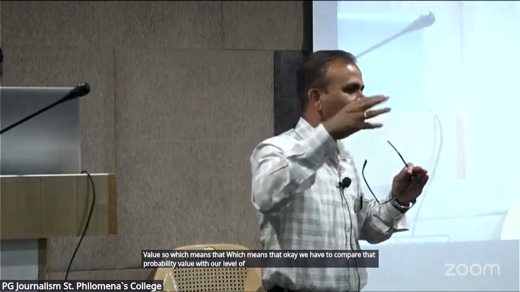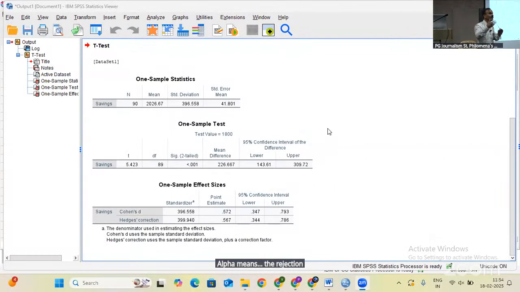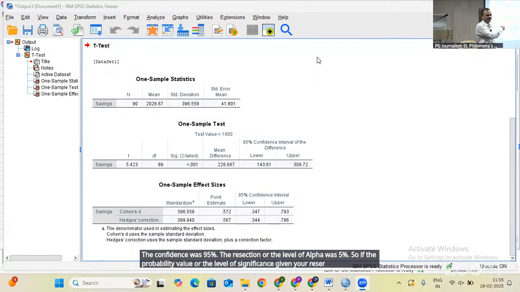Alpha means the rejection of a true null hypothesis. The confidence was 95%, so the level of alpha was 5%. If the probability value, or the significance level given here, is less than 0.05, we have to reject our null hypothesis. Otherwise, we do not reject it.